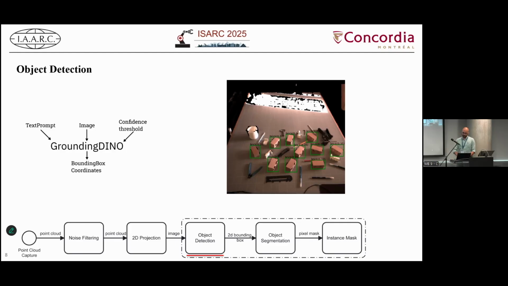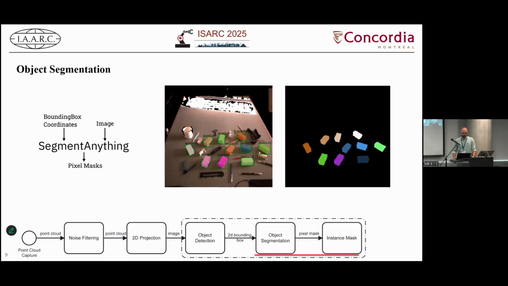It gives us the result as a 2D bounding box. Using this 2D bounding box, we feed it to another algorithm called Segment Anything, created by Meta. It's also a zero-shot algorithm, and its function is to segment the pixels within a given image and bounding box, creating an instance mask for the detected objects.